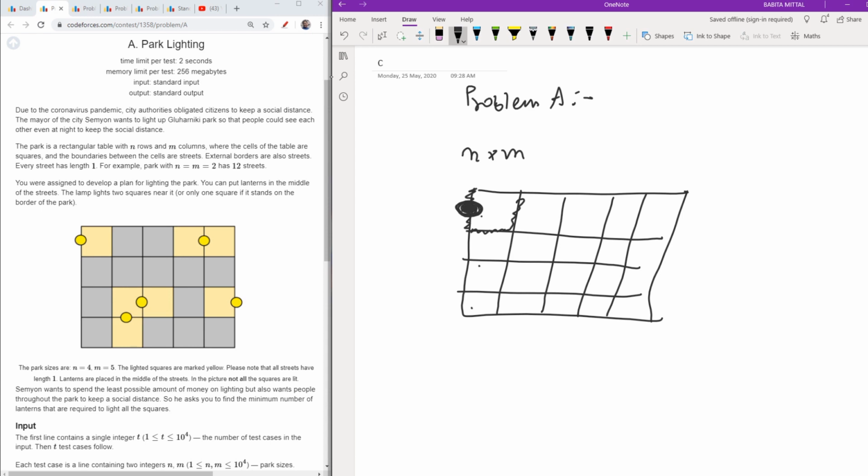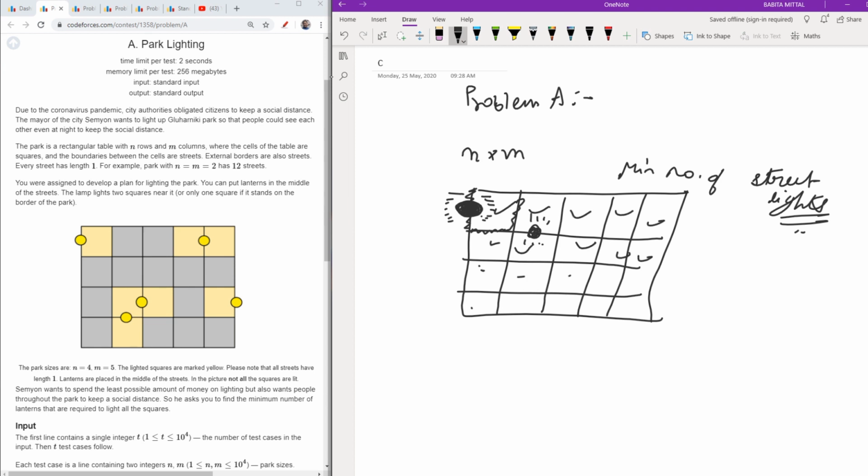It will have reflection over here and over here and over here. So if I place it here, then the reflection will be over here and over here. We have to place the minimum number of street lights so that all these places are lit.